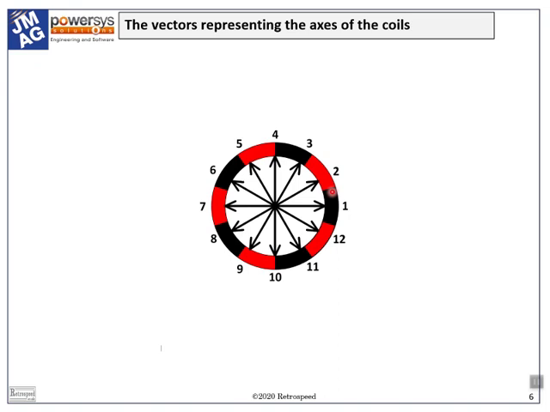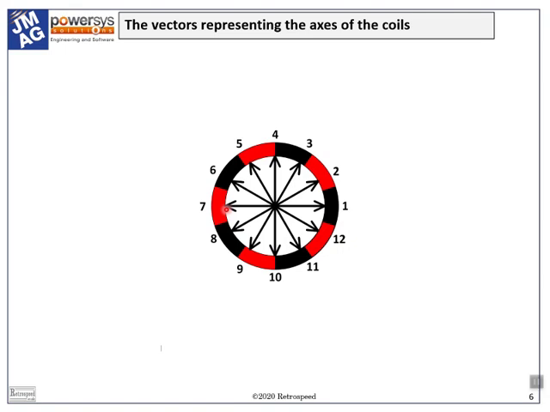This rotor position, with the black magnet on the horizontal axis, is the reference or zero position. It's clear that coil 1 is perfectly aligned with a black magnet, while coil 7 is perfectly aligned with a red magnet. Both coils link the maximum amount of magnet flux, but with opposite sign.